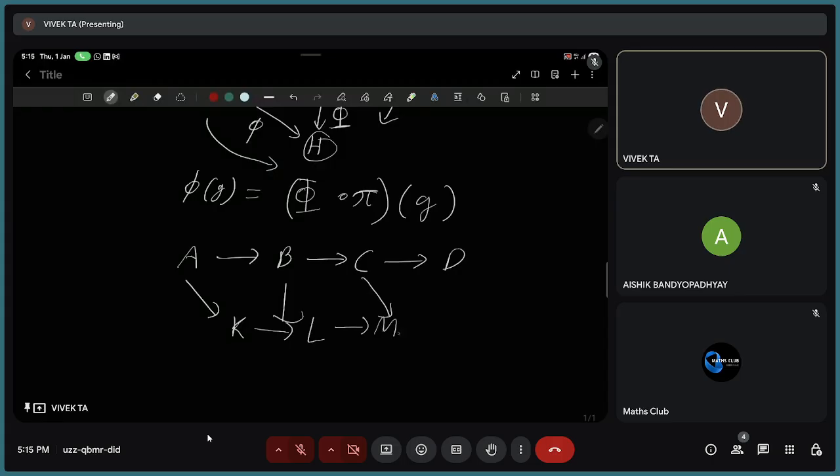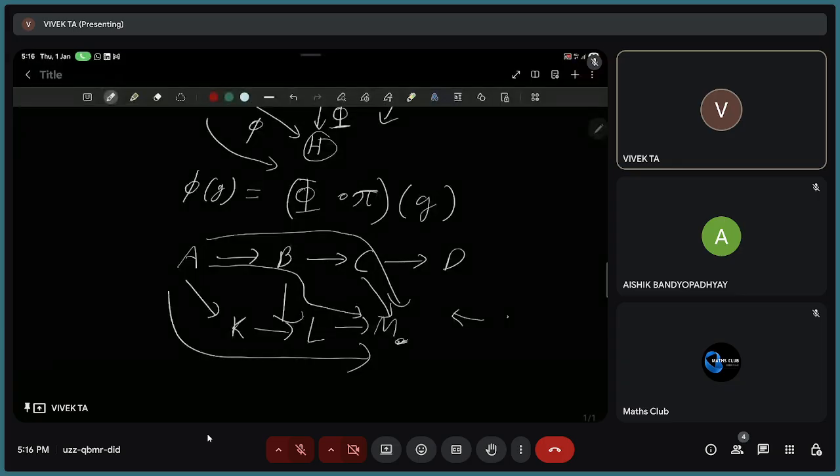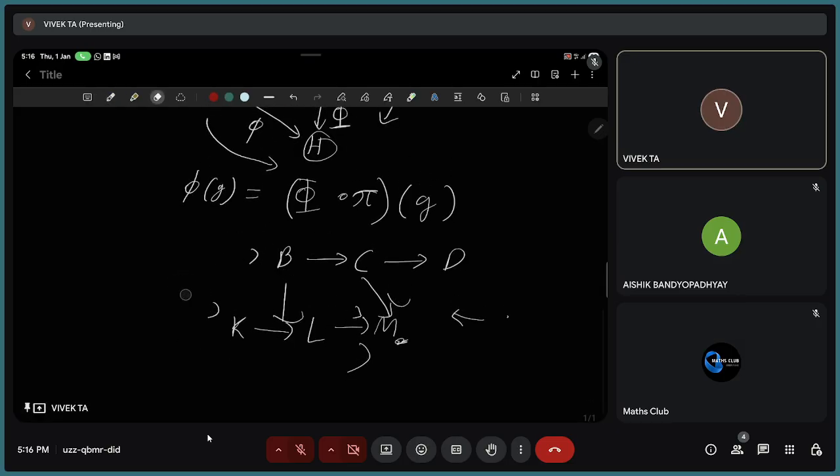For example, to get here, you can go this way, or this way. The point is that for this diagram to be commutative you need all of them to give the same answer, and you can't have going through one of these ways differ from the other. That's what a commutative diagram is.